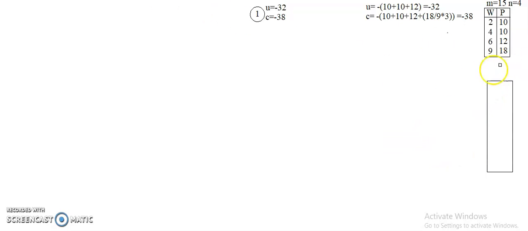So this is my empty bag. Just assume it is an empty knapsack-like structure.